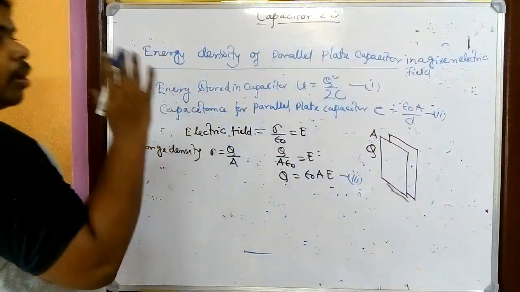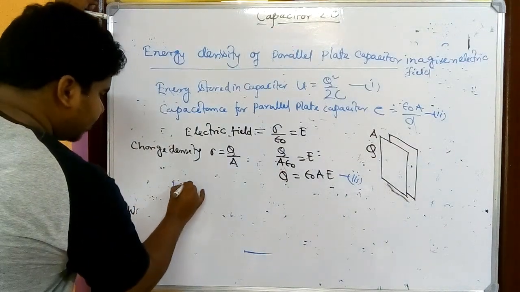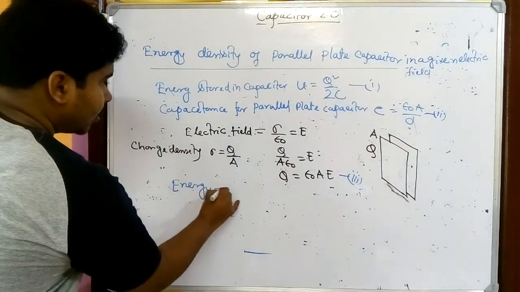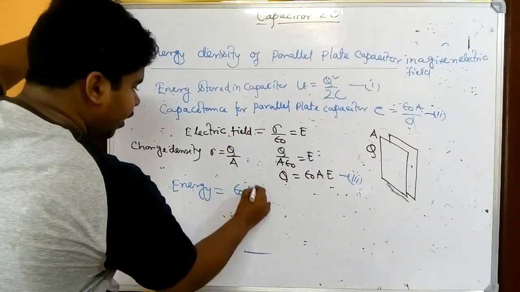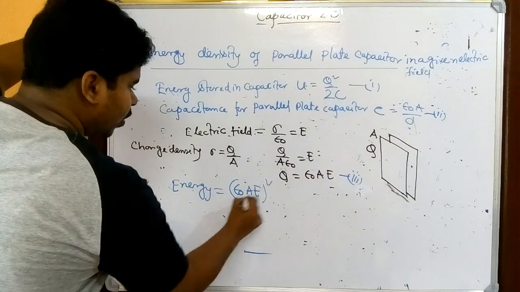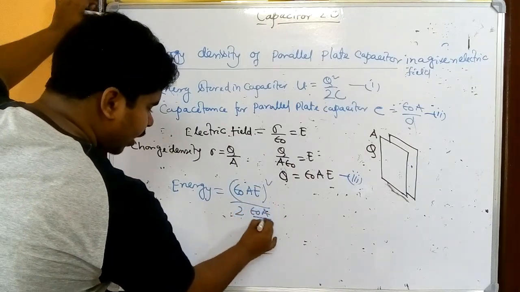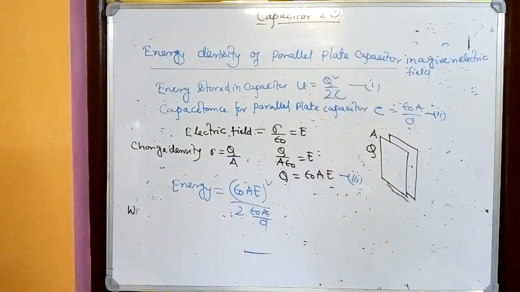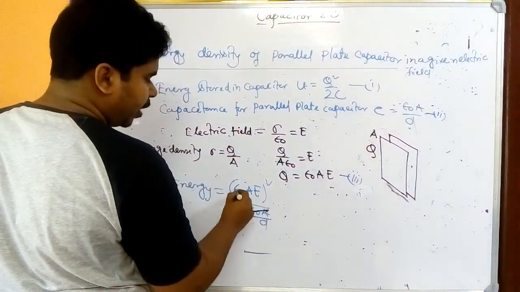So putting the value of 2 and 3 into 1, energy is equal to Q square, so epsilon naught A E whole square by 2 into epsilon naught A by D. So it is clear, one epsilon naught A will be cancelled out.